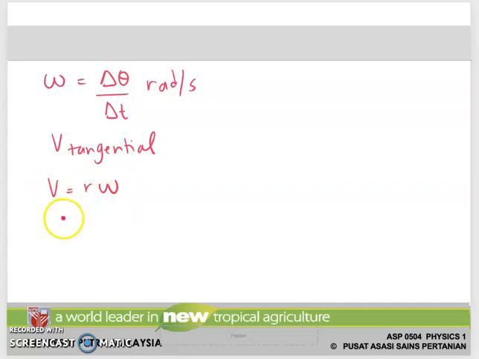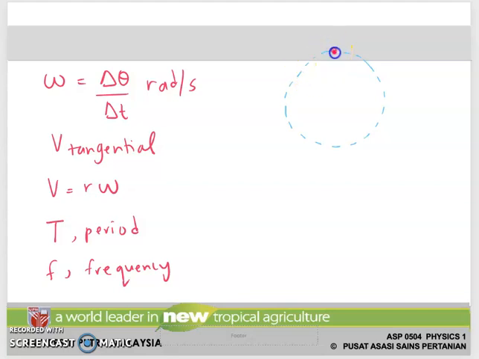We have two new notations, which is T, called period, and f, which is frequency. So what are these two things? I have one circular path over here. I start at this position and I rotate and I come back to this position again.